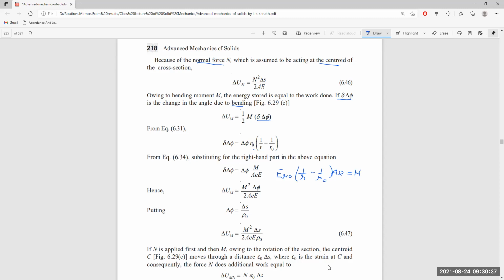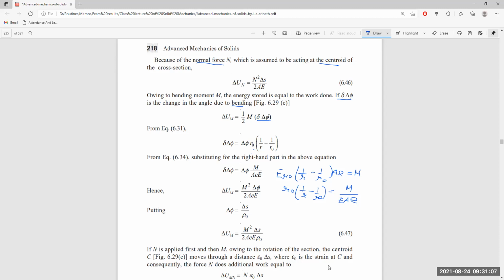So 1 by R0, this one full, is equal to R is equal to R0 into 1 by R minus 1 by R0, defined as M divided by E A into E itself, where M is the bending moment acting over the section, E is the Young's modulus, A is the cross-sectional area, and E is the distance of the neutral axis to the central axis itself.